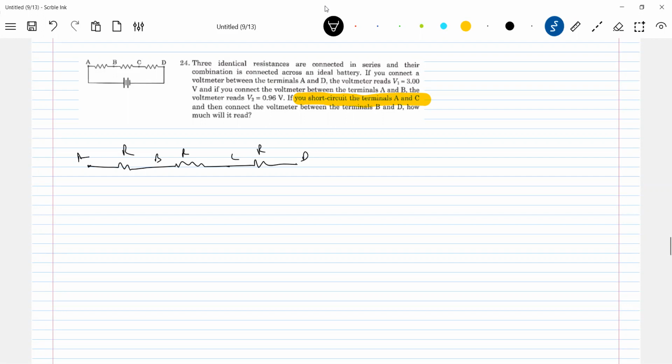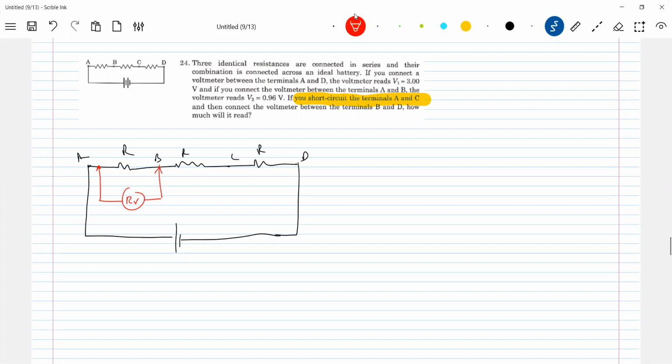If you connect the voltmeter between terminals A and D, the voltmeter reads, so there is an EMF of the cell. This also we don't know. There's a voltmeter, I'm going to bring it here. How much will it read? 3 volt. Between terminals AD it will read 3 volt. I'll change the circuit.